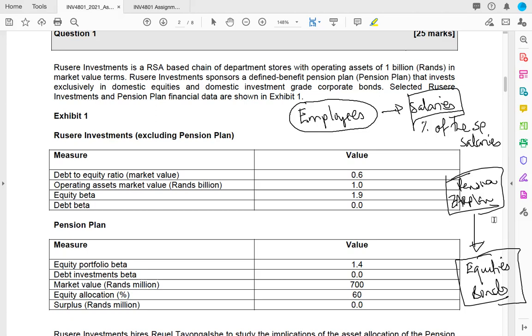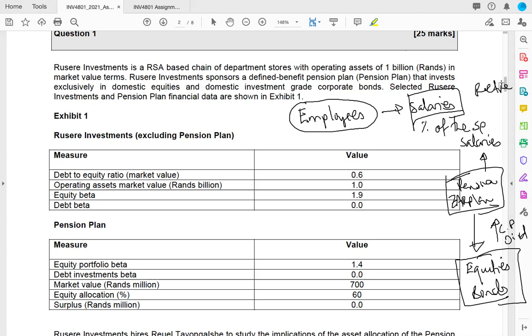So what will happen when individuals retire and they start receiving payments? Some of the equities or bonds will be sold, or they might be paying coupon payments or dividends. So these coupon payments and dividends will then be passed on to these employees once they retire.